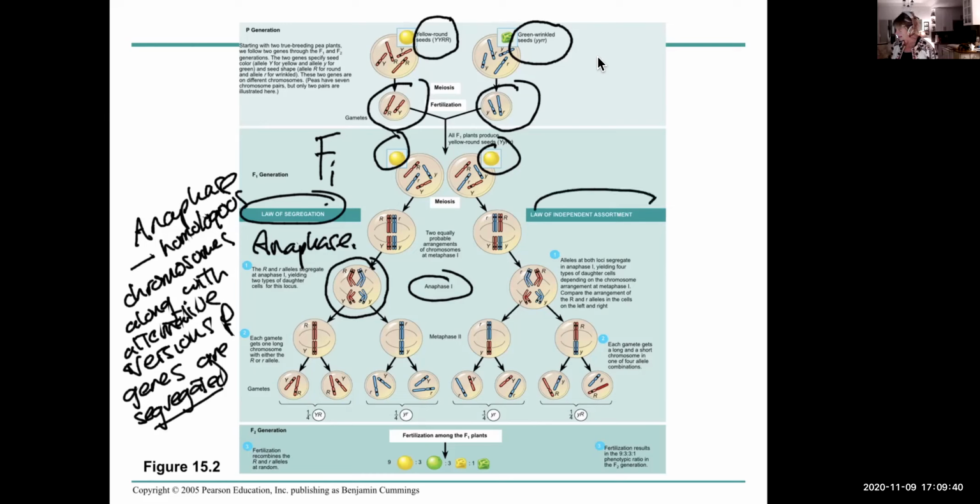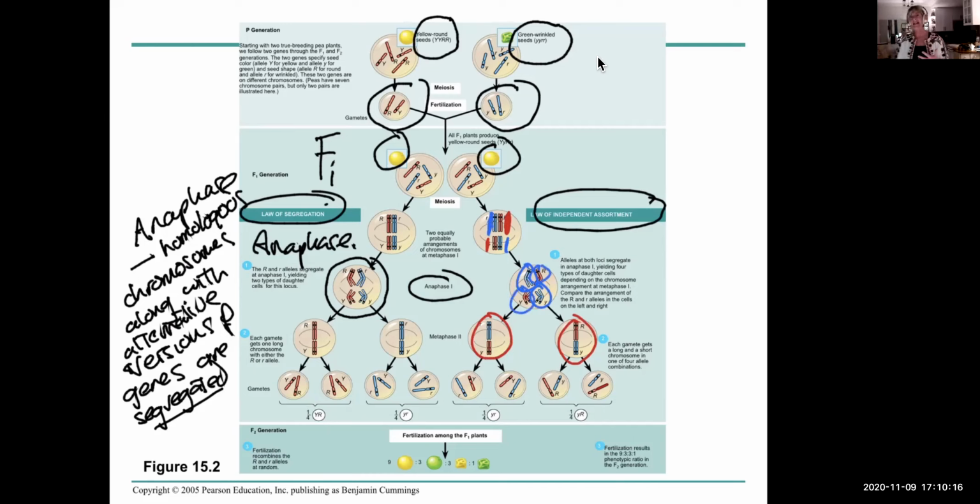And are they independently assorted? Yes. In this case, we have a red homolog there, a blue homolog there, another blue homolog there, and a different red one there. We could get this combination, red and blue together, but we could also get these two ending up together as well.